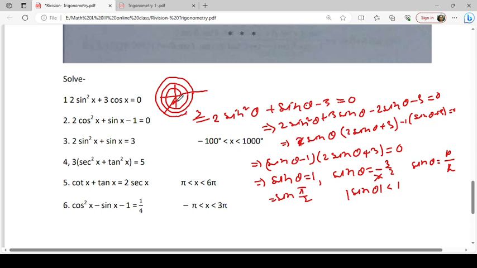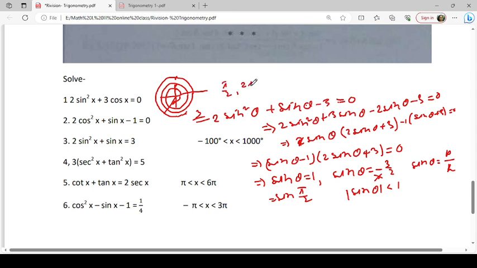So from this diagram we see only the pi by 2 angle. So only this angle, this angle, this angle and this angle. So this is pi by 2, twice pi plus pi by 2, and 4 pi plus pi by 2.